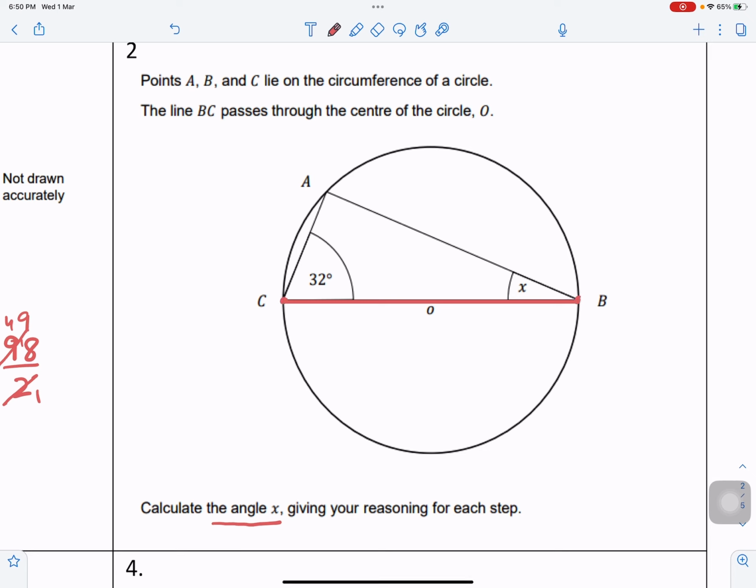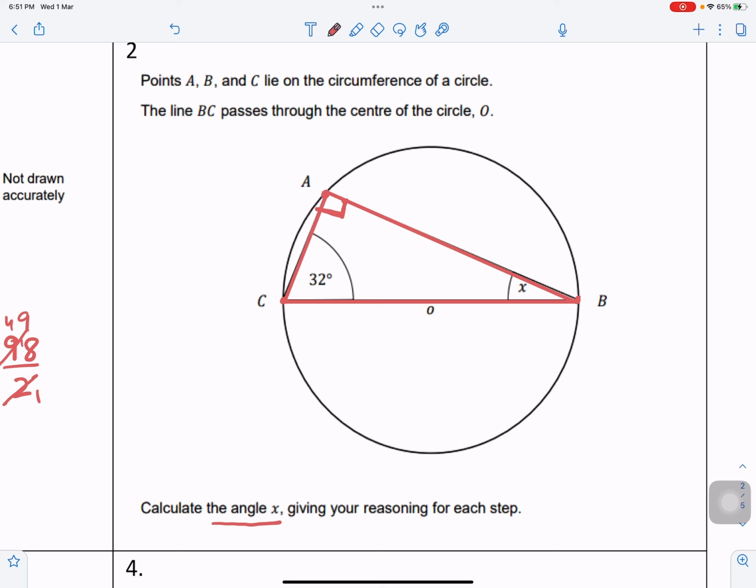C and B are the ends of the diameter, and the angle at the circumference is A. So this angle is 90 degrees. No mark is here, but you remember whenever an angle is subtended at the circumference from the diameter, then it is 90 degrees and it is called angle in a semicircle.